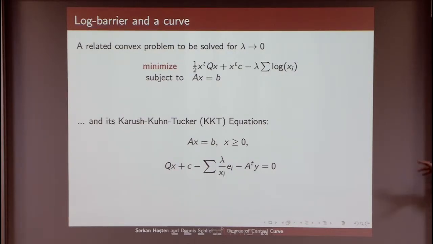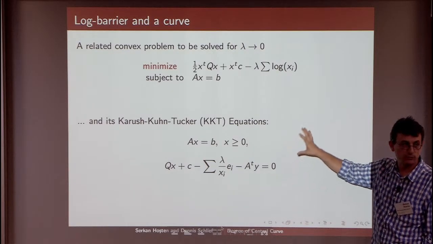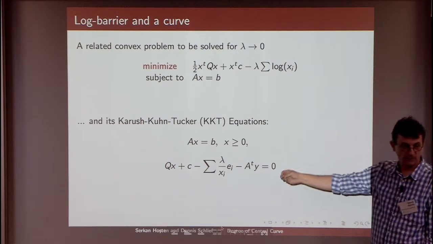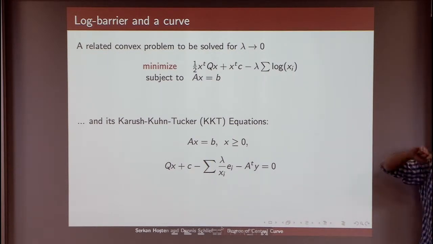So the nice thing is that we have a convex problem, so if you solve this problem, there's going to be a unique solution for each lambda that's positive, and the x component of that solution is going to give you an optimal solution for the above problem there.